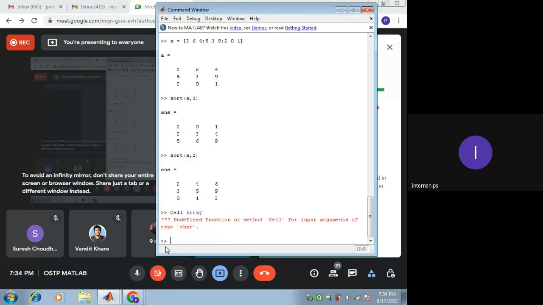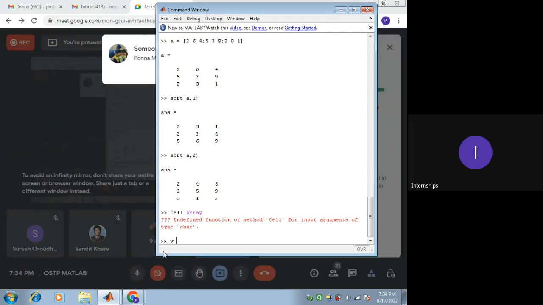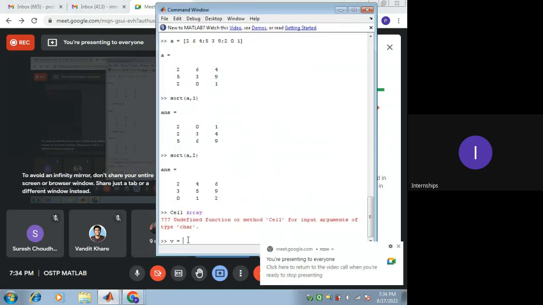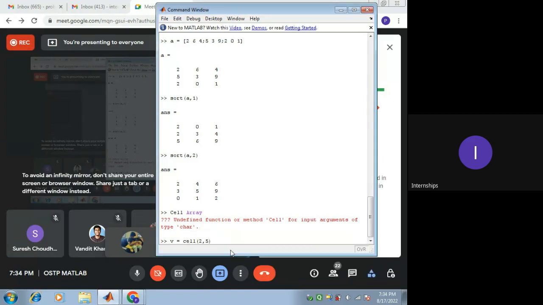Let us define one array. Suppose B is equal to cell with dimension 2, 5.